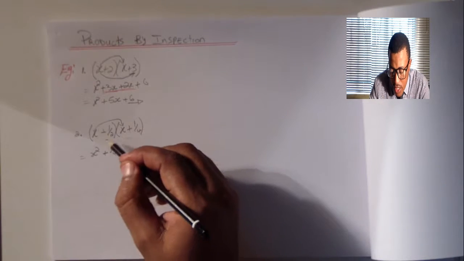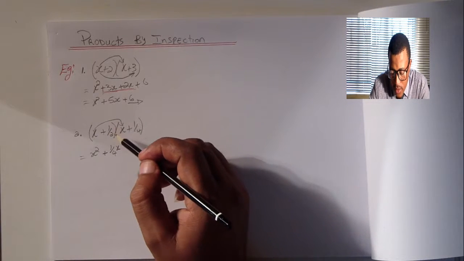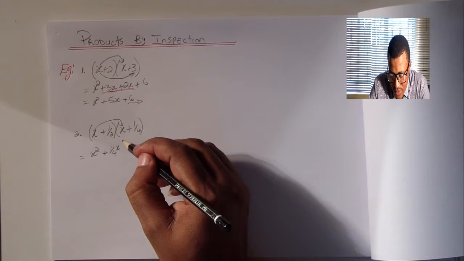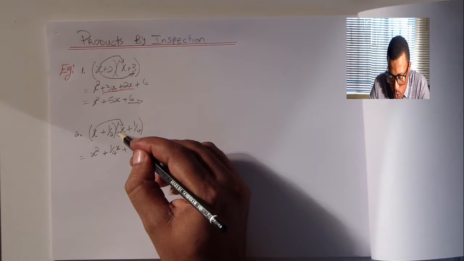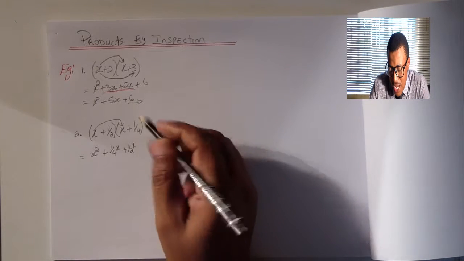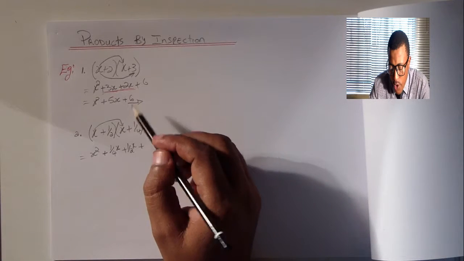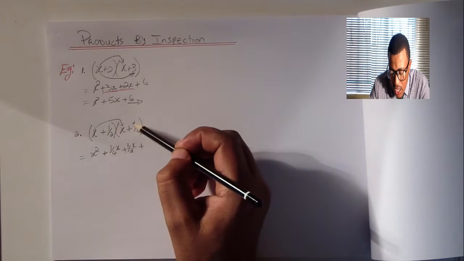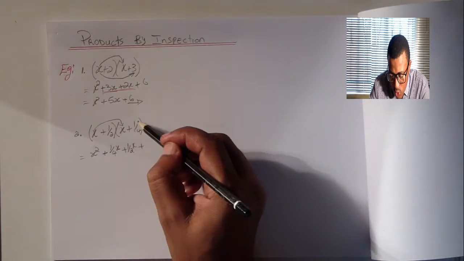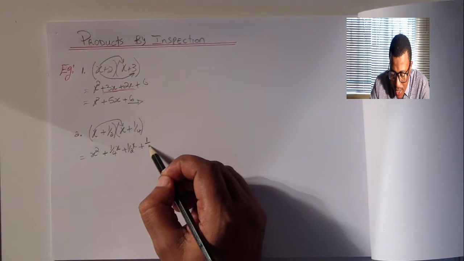Now coming to the second number in the first brackets, 1 over 2 times x, which is positive because positive and positive is positive, is positive 1 over 2x. Now in fractions, when we multiply a numerator with a numerator and a denominator with a denominator, 1 times 1 is 1, and 2 times 4 is 8.